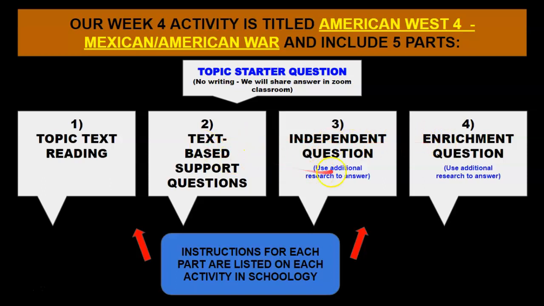The independent and enrichment questions both give you an opportunity to do some additional research about the topic to answer. The independent question is just a short written response any way you want, and the enrichment question is a short written response written in a RACE-style paragraph where we restate the question, answer the question, cite evidence, and explain our answer.